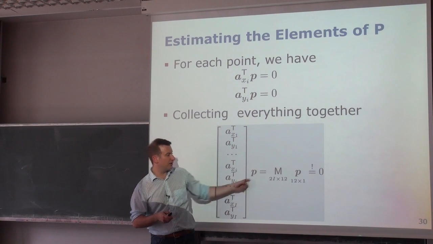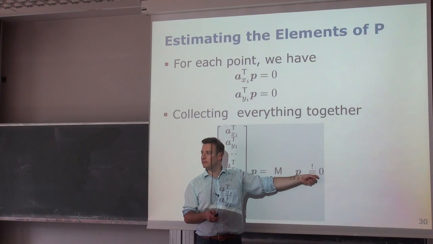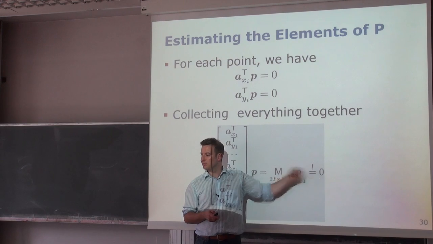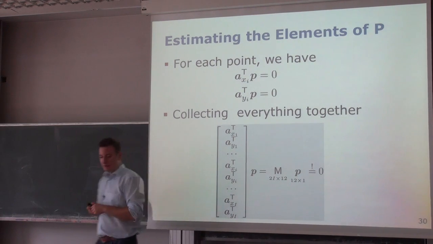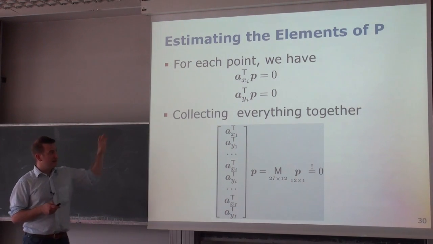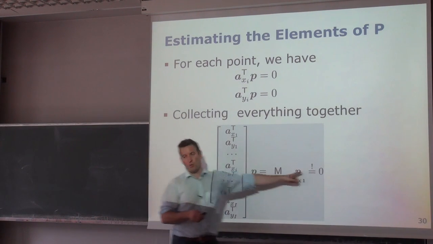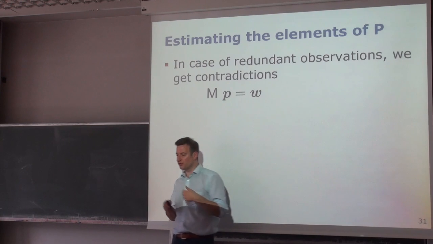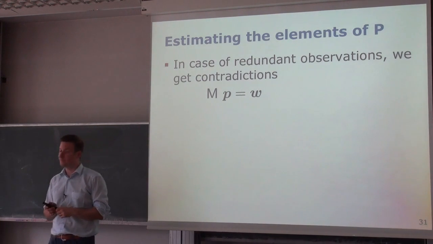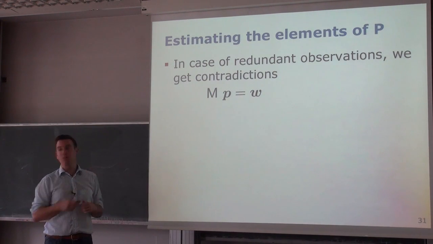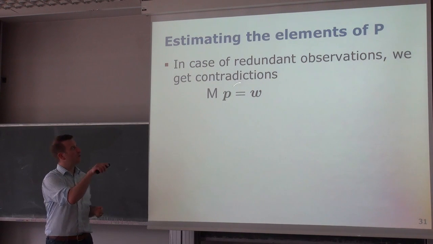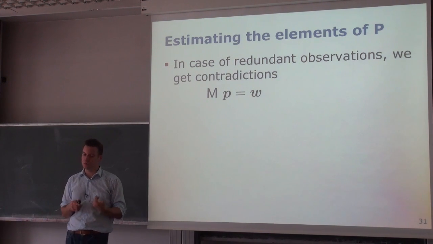We say this product should actually be 0. Okay, if you take real observations from the real world, the thing will not be 0, as you all know. So we will get some contradictions. If we multiply M with P, we will have some contradictions. And it won't be 0.